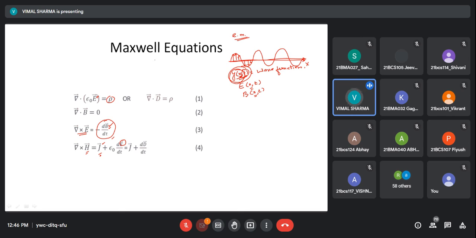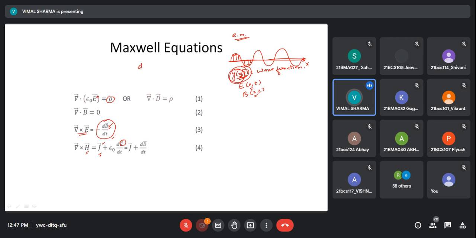As we do in the case of a moving particle, we write the equation of motion, which is Newton's second law, F equals ma. Similarly, we can write an equation of motion for these waves to study their characteristics. So I have a simple wave, and I can write the wave equation for this.